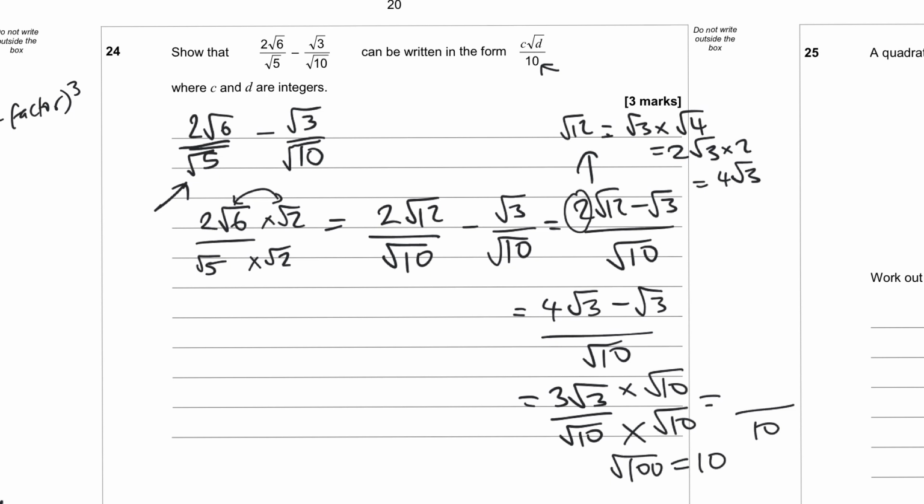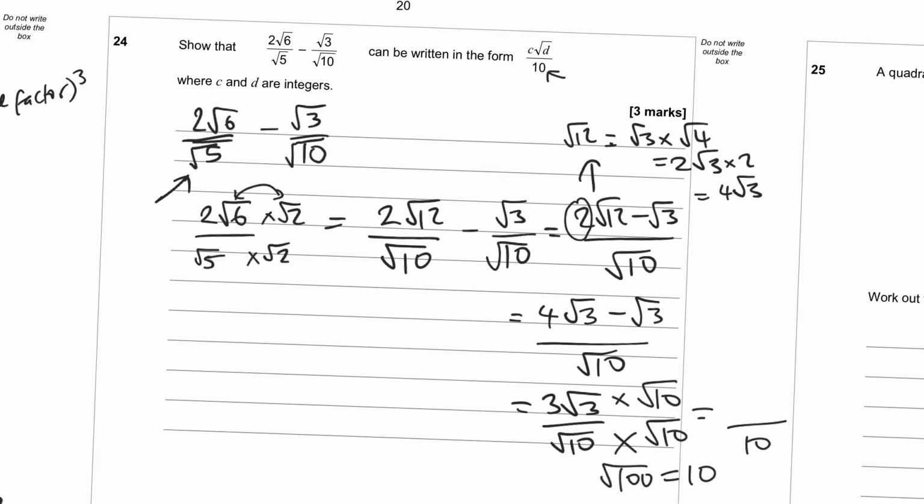Then 3 root 3 times root 10 is going to leave us with 3 root 30, so we've got 3 root 30 over 10.